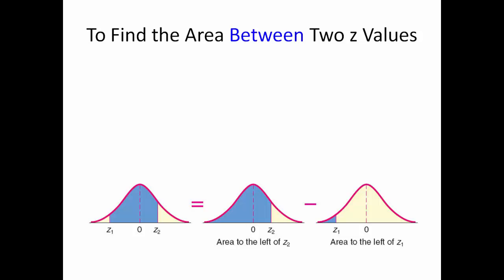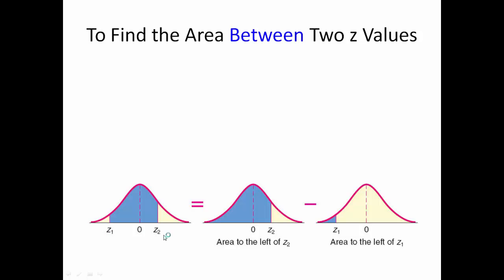Here's something else that can happen. We can find the area between two z values, given that I have a z value to the left and a z value to the right. Note that our z value to the left is z1 and our z value to the right is z2.